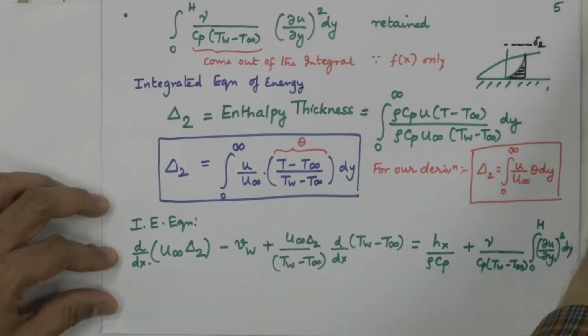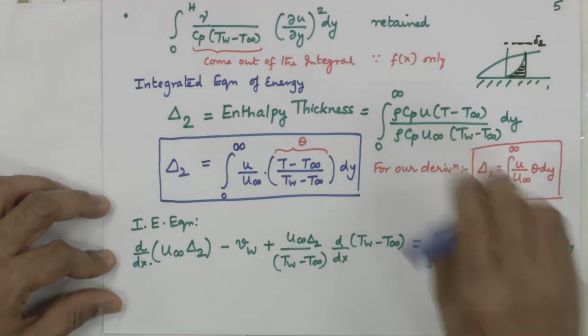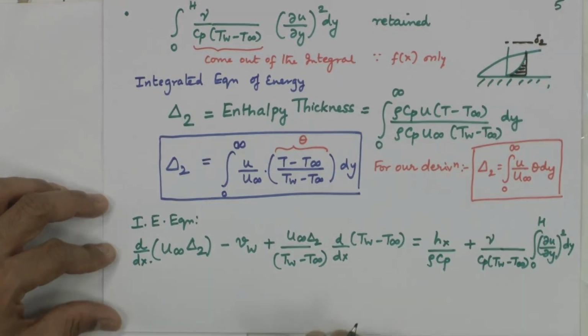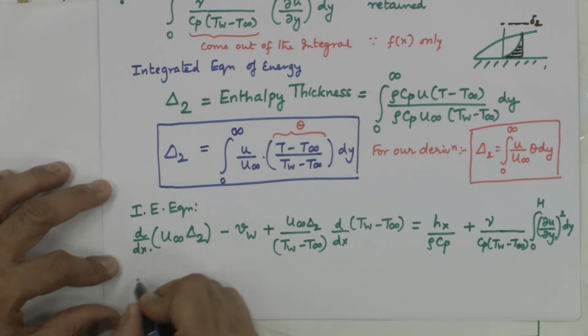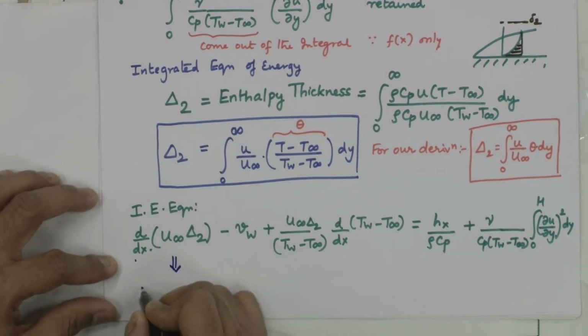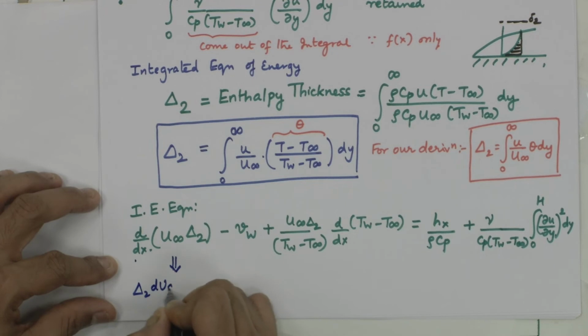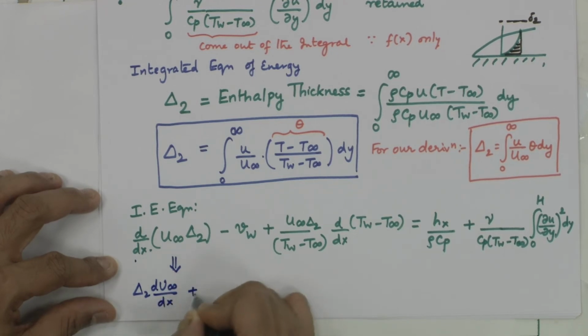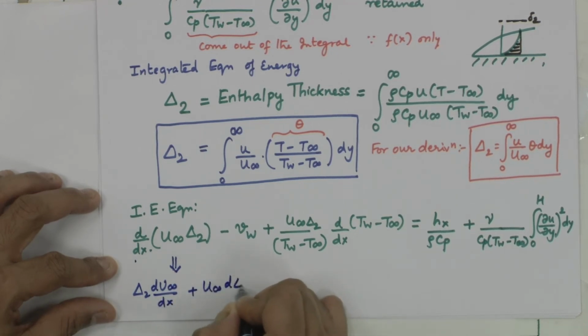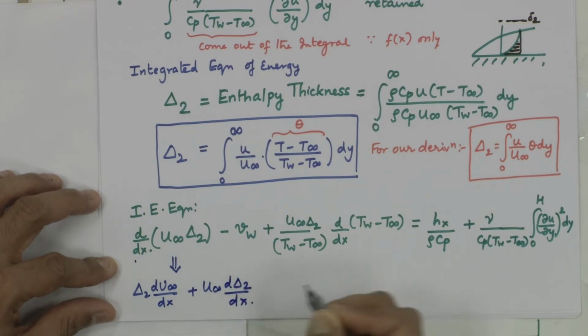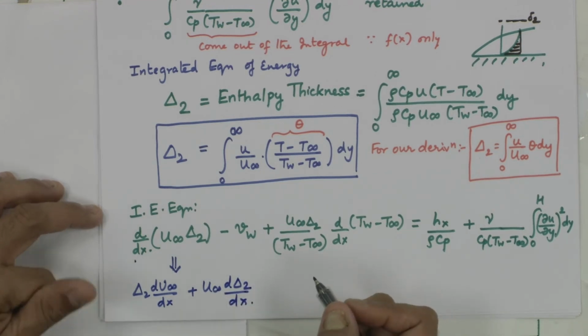Okay. So, this is my integrated energy equation, still not user friendly. So, I will open this bracket as delta 2 du infinity by dx plus u infinity d delta 2 by dx. What about this one?